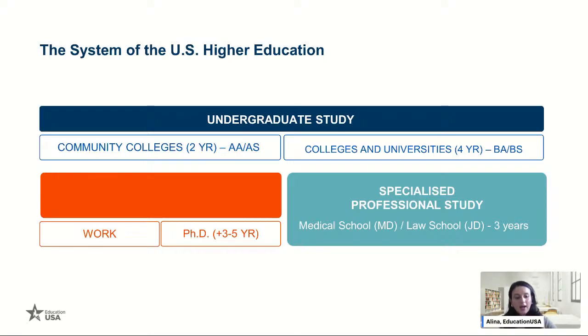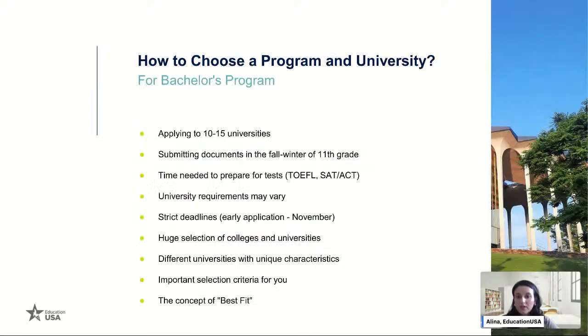Okay, so moving to the next slide, and considering the fact that you are now analyzing the option of applying for studies in the US, what you need to think about when you are choosing a program or a university specifically for your bachelor program.